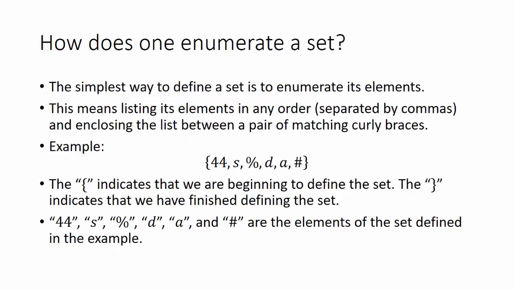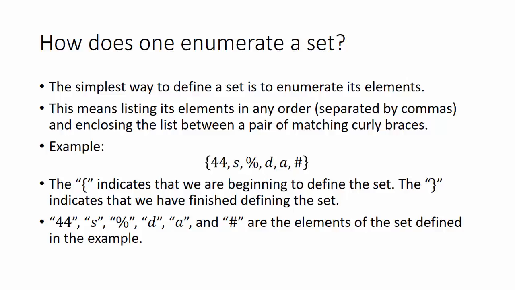The simplest way to define a set is by enumerating its elements. This means listing its elements in any order, separated by commas, and enclosing the list between a pair of matching curly braces. Listing and enumerating are synonyms. Now here's an example.